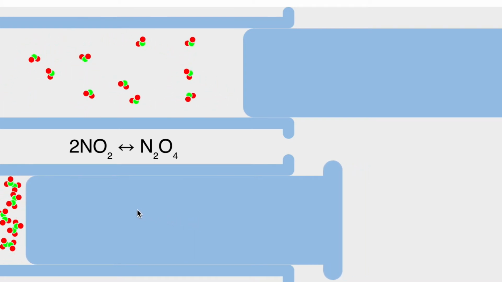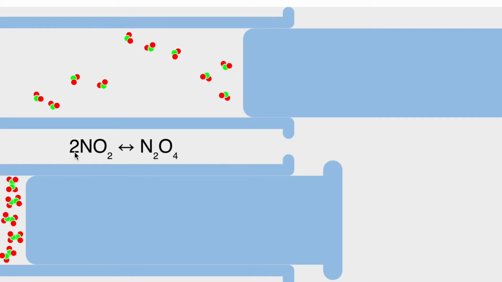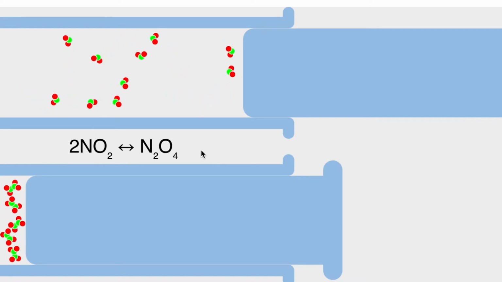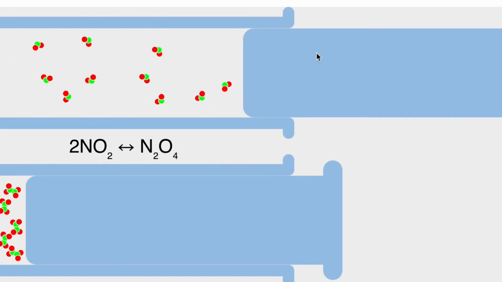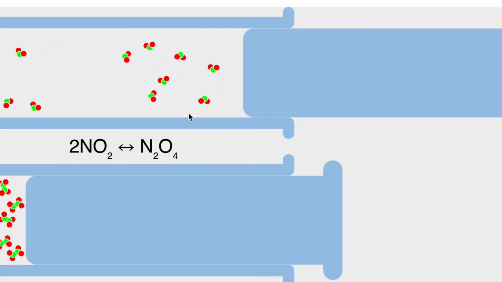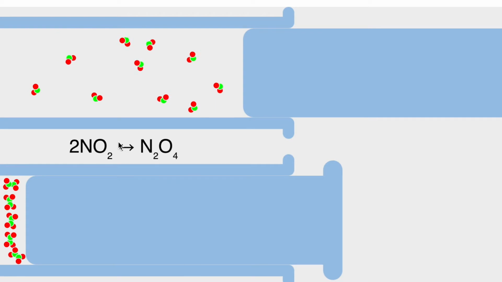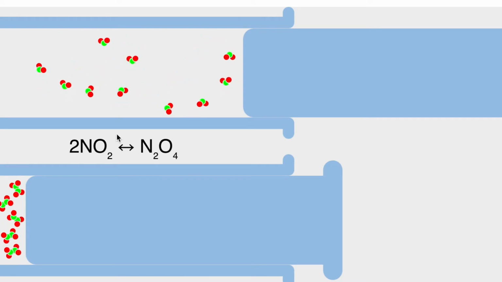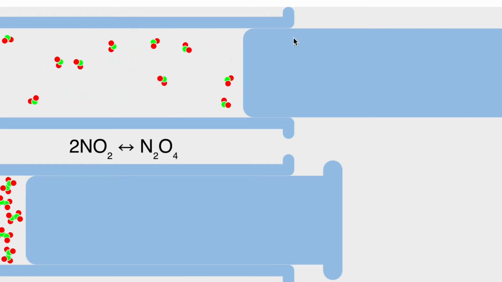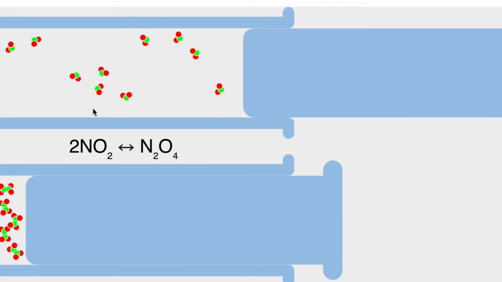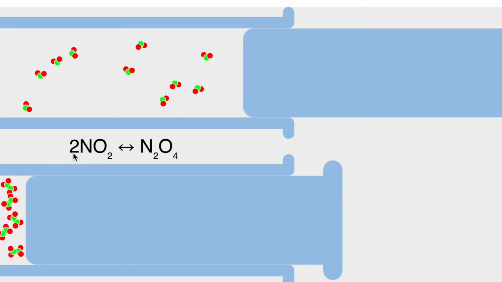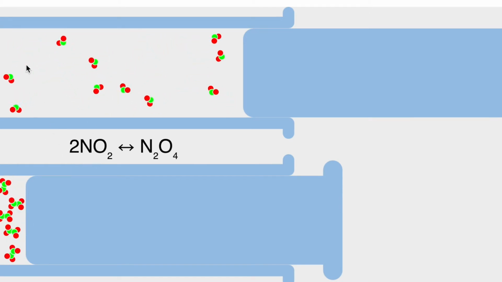And so now we're at the highest pressure and our equilibrium is all the way over to the N2O4 side, whereas at our lowest pressure up top, we're right over on the left side with the two NO2s, as we've decreased the pressure, and so it favours the side producing more moles in order to then increase the pressure.